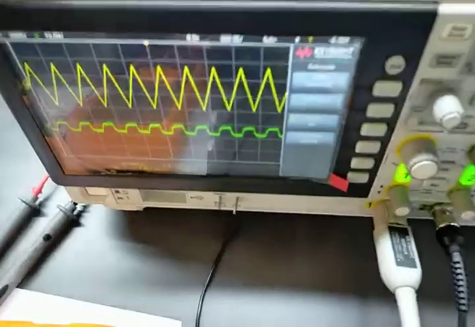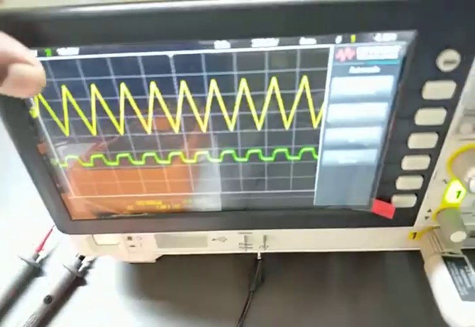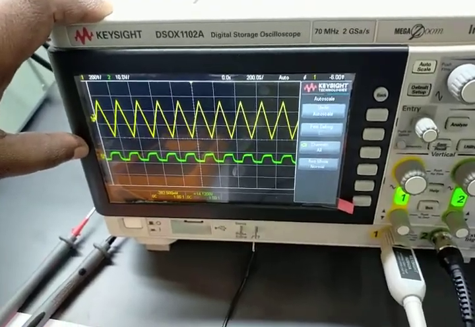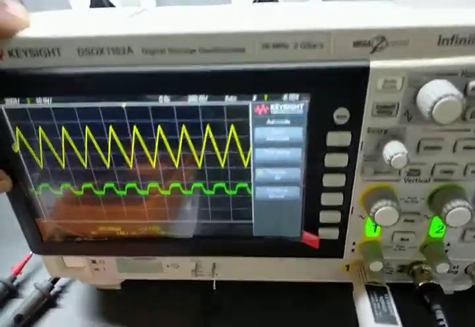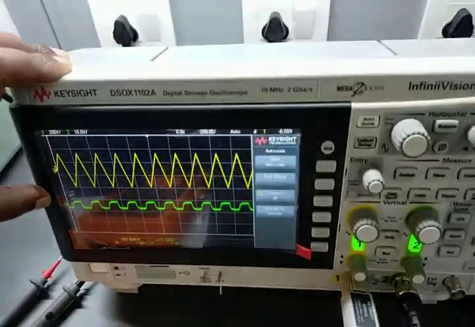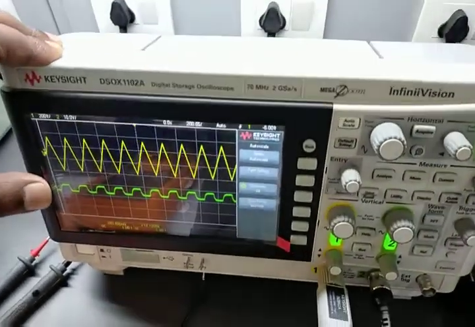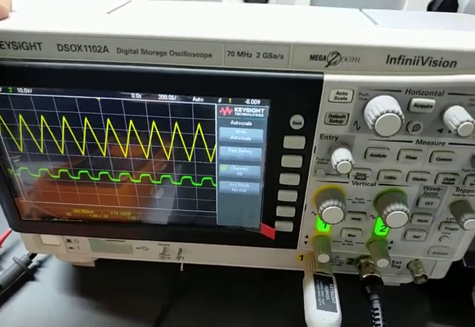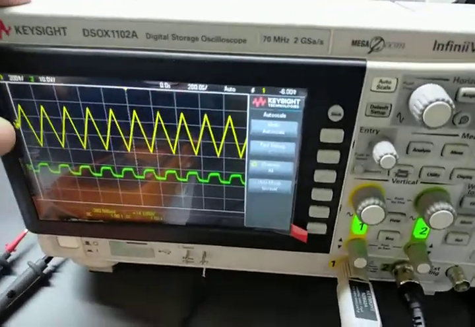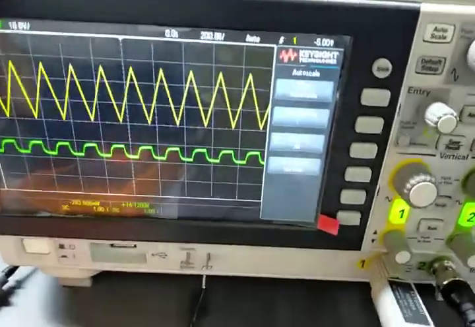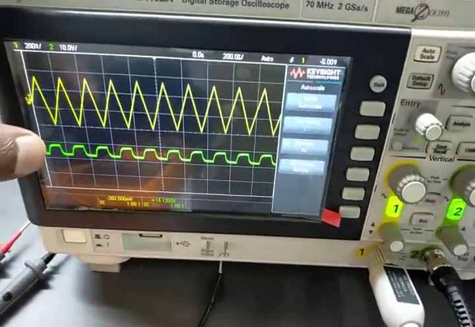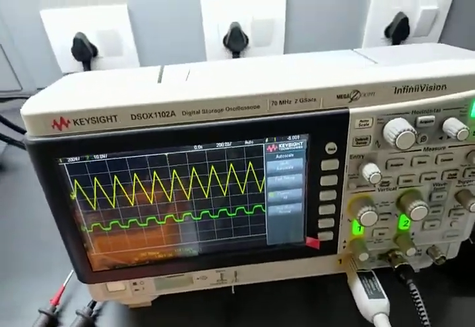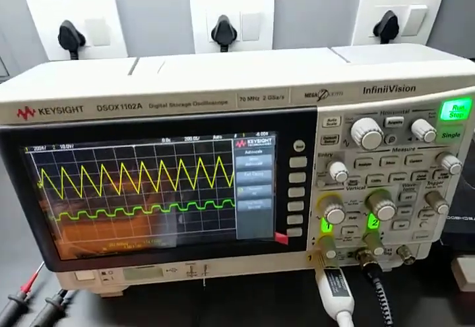Here you can see I have given a triangular wave at the input, and we are getting a square wave at the output. You can also see it using the mathematical operation of differentiation on the triangular wave; you will also get a square wave mathematically.